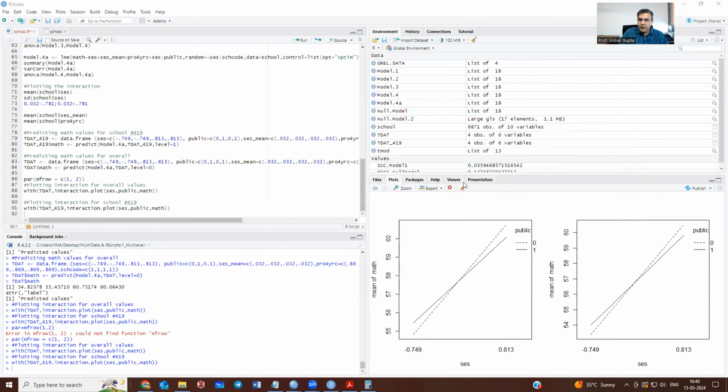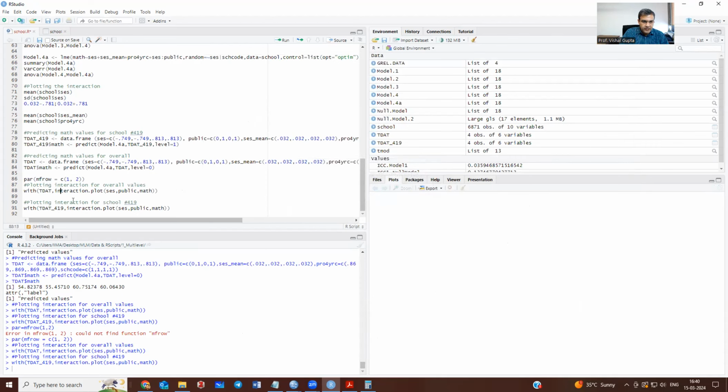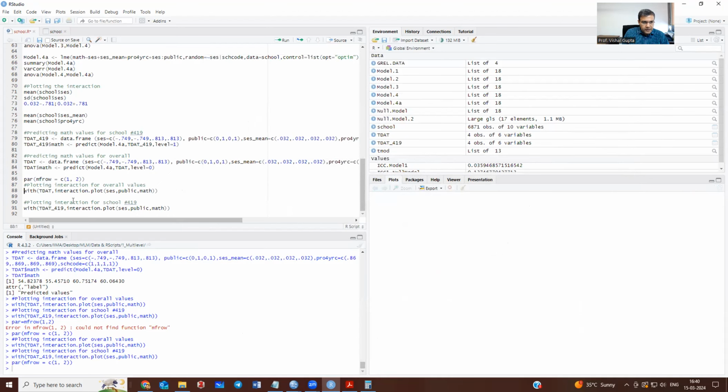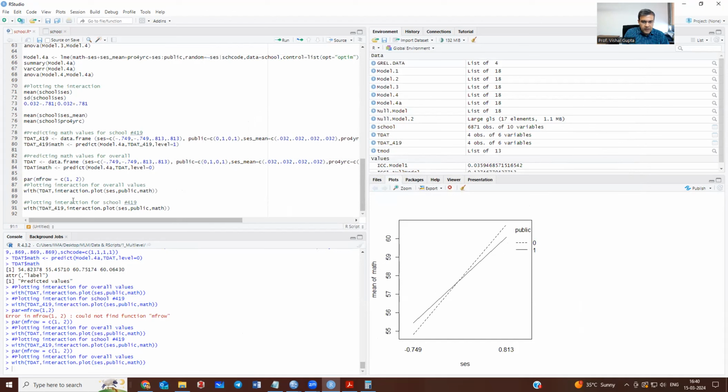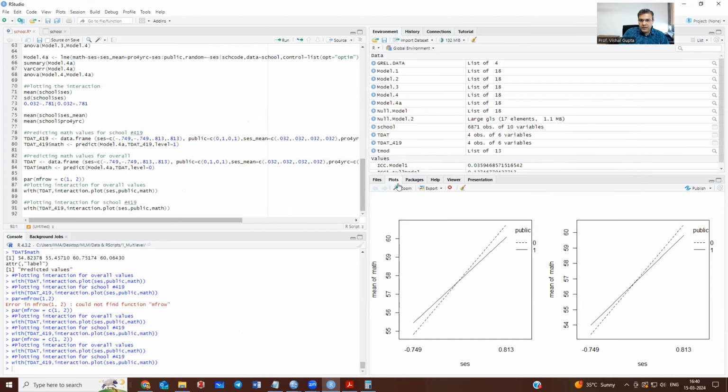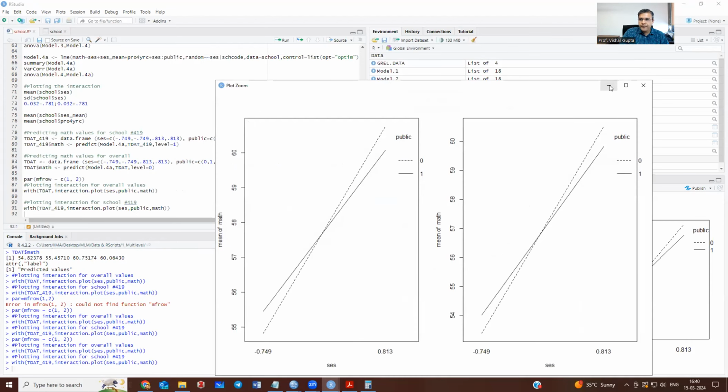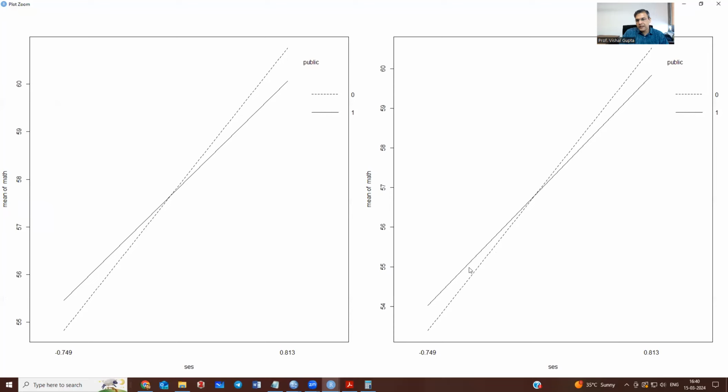Let me do this again. Let's clear it so that we are clear. The first is for overall and the second is for the specific school. Yes. So you see there is a slight change in the slopes. This is slightly narrow. This is slightly wider.